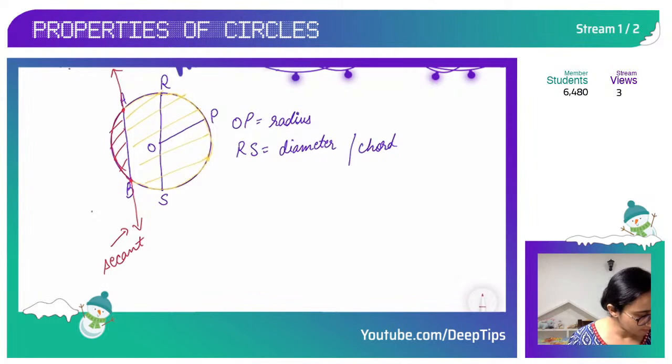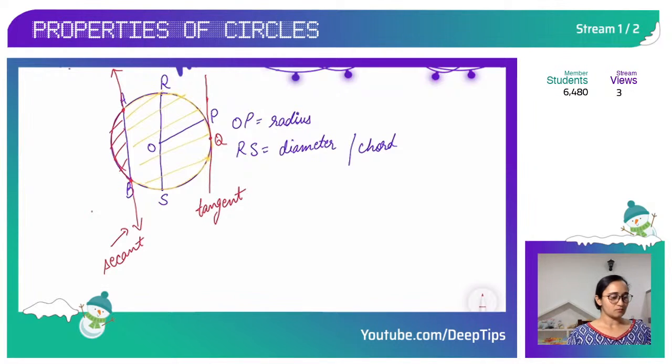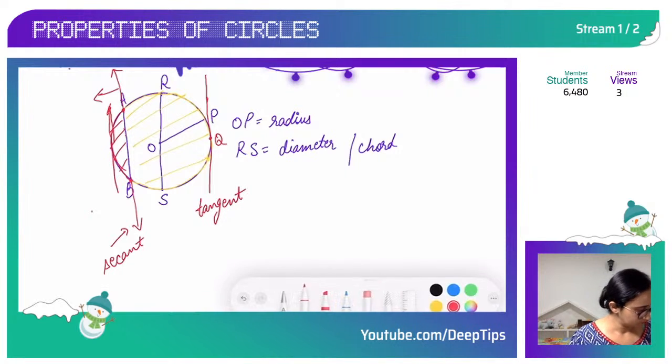But if I draw another line here which is just touching the circle at only one unique point, that is called a tangent. Or you can say, if I bring this secant here, then what will happen? Let me draw it a little neatly.